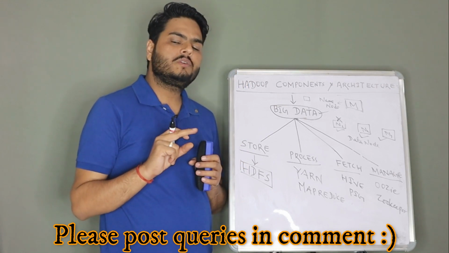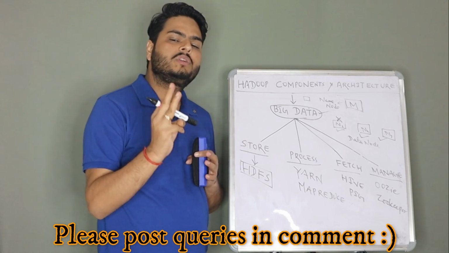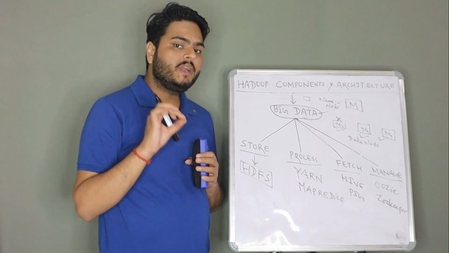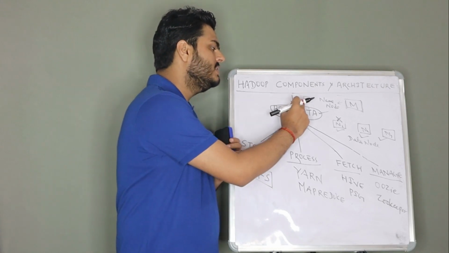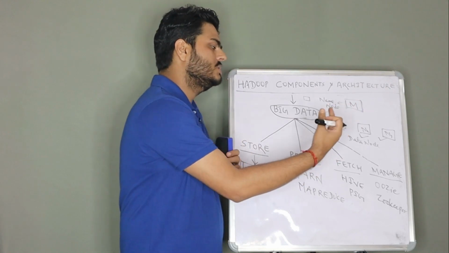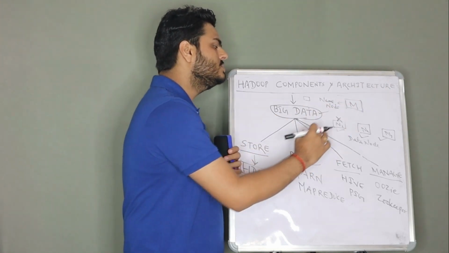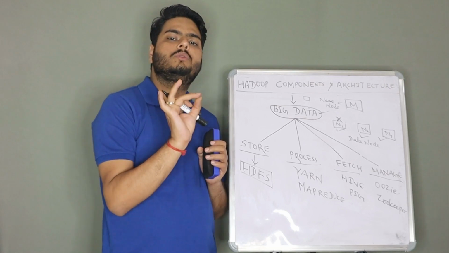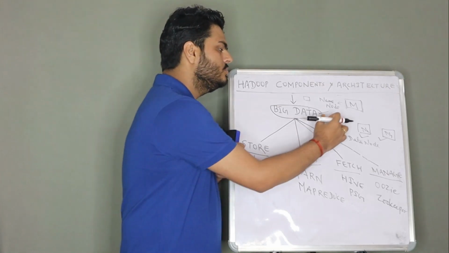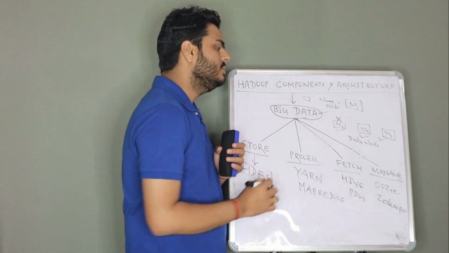That is the reason HDFS replicates the data 3 times. By default it is 3, you can make it 5 also. One data block will be replicated at this node and 2 more nodes. Let us say there are 100 nodes, so every data block will be at 3 nodes by default. Why is that so? To manage failure scenarios.